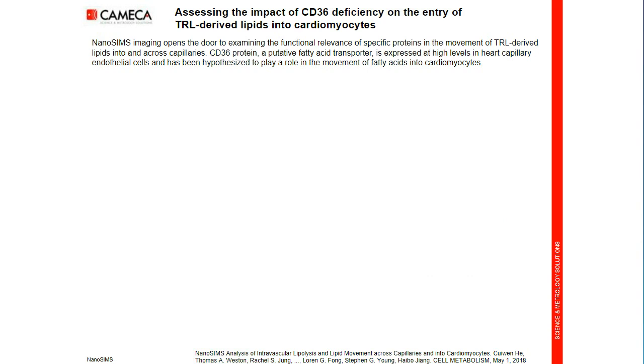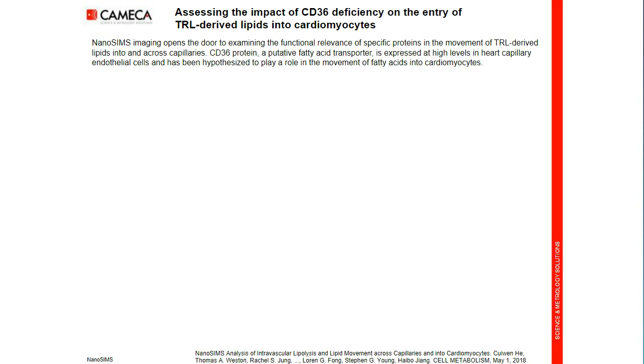So NanoSIMS imaging opened the door to examining the functional relevance of specific proteins in the movement of TRL-derived lipids into and across capillaries. And here, CD36 protein, a putative fatty acid transporter, is expressed at high levels in heart capillary endothelial cells, and it has been hypothesized to play a role in the movement of fatty acids into cardiomyocytes.